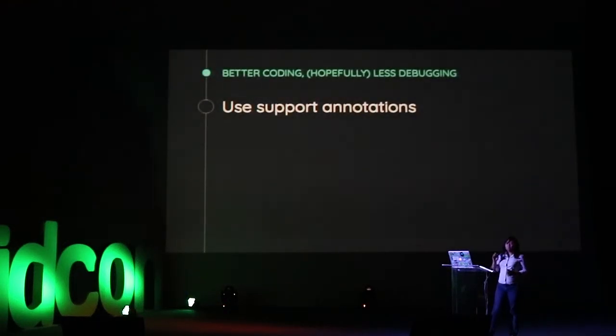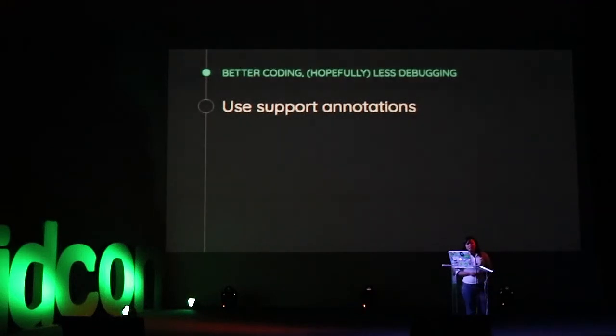For one, I advocate the use of support annotations. Support annotations, especially if you're writing an API or a util class or whatever, are really useful at enforcing rules that your clients have to follow.